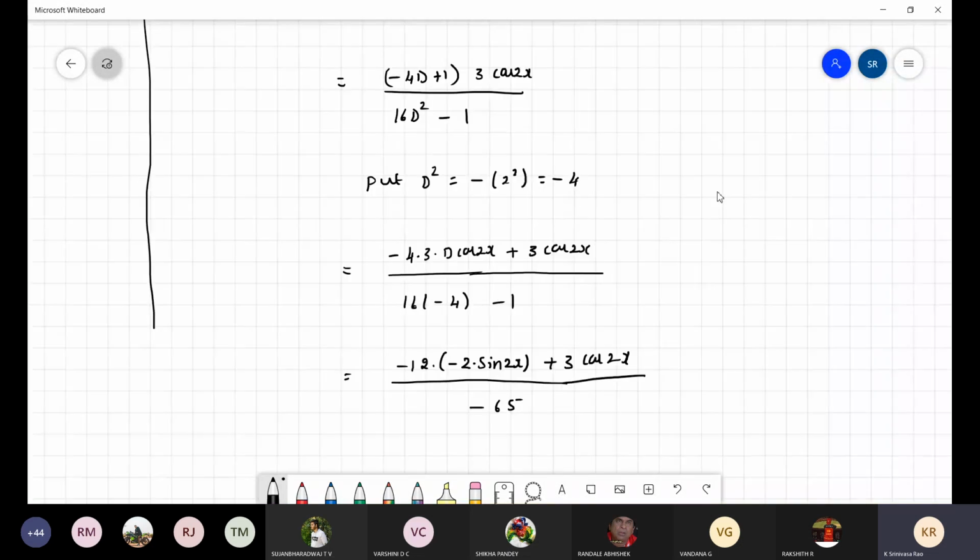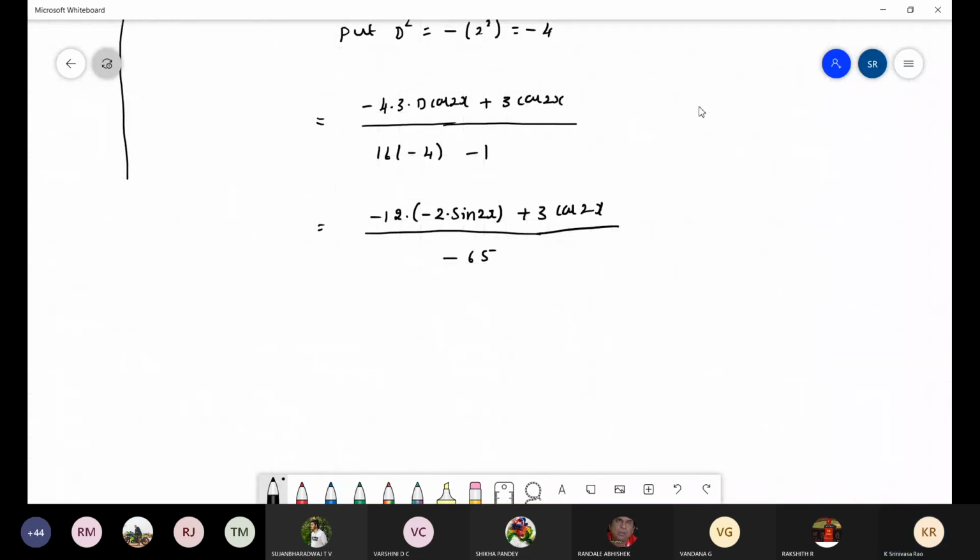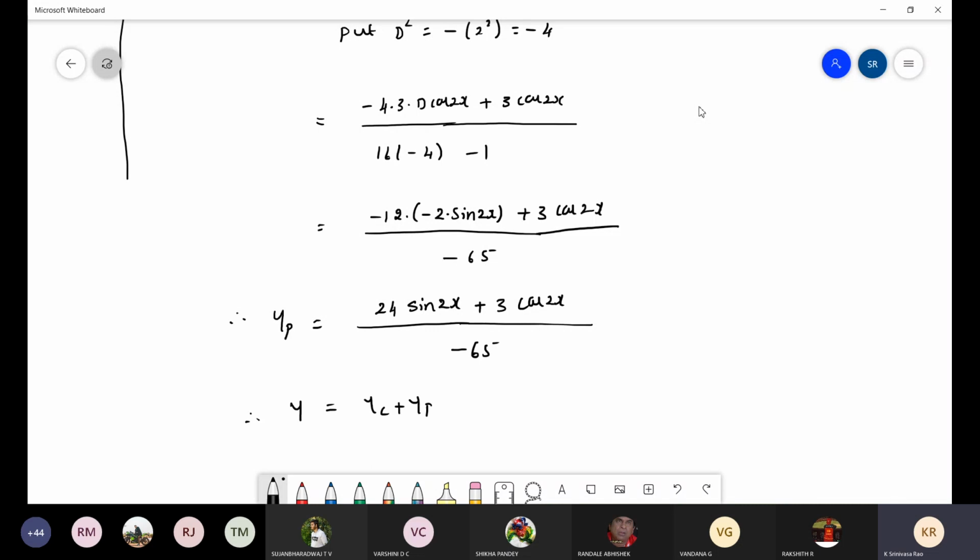Therefore finally yp equals 24 sin 2x with positive sign, plus 3 times cos 2x, divided by minus 65. Got it? Therefore y is equal to yc plus yp.